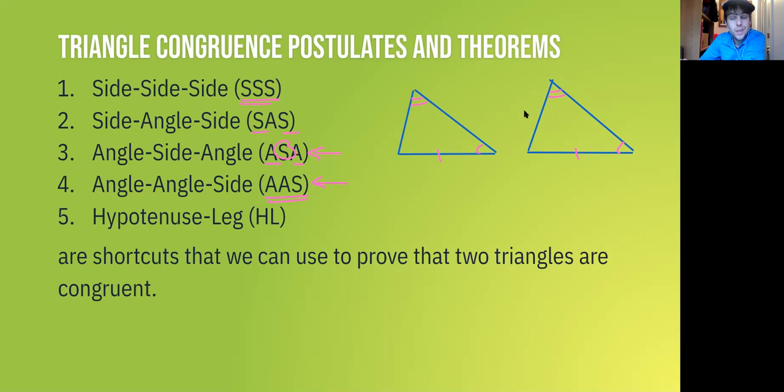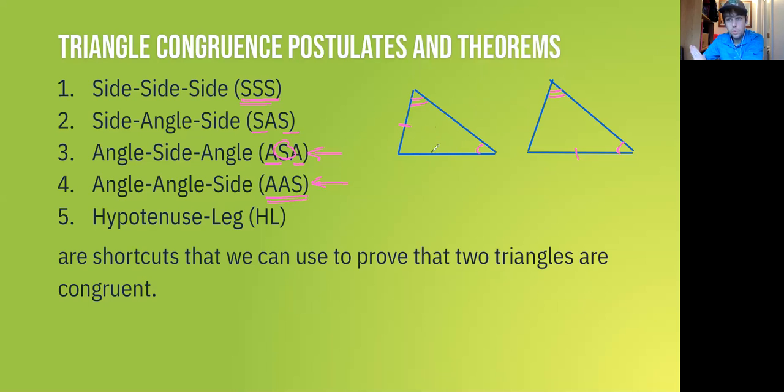Now, one important thing with this is it doesn't happen with ASA. ASA has the side in between, definitely corresponding. But something that can happen with AAS is you have two angles and a side not in between. There's two sides that are not in between. So perhaps this side was congruent to this side. In this case, this side over here does not correspond with that one.